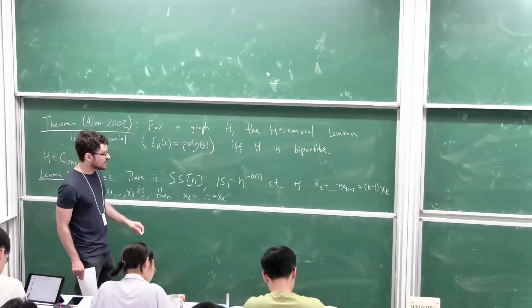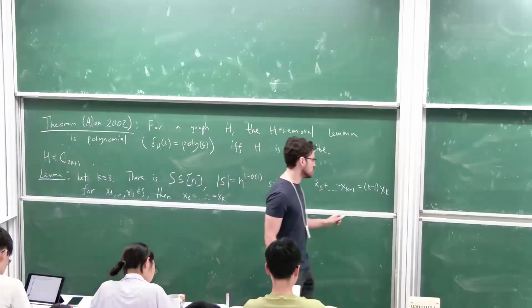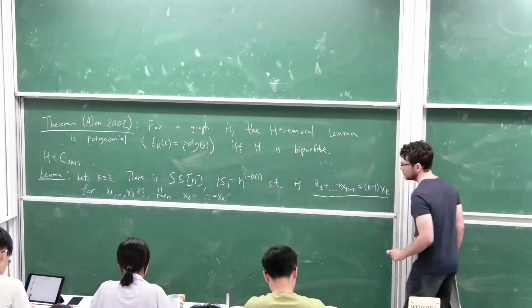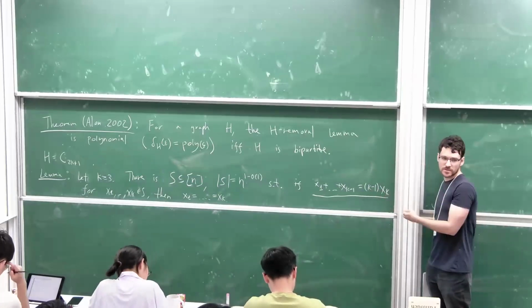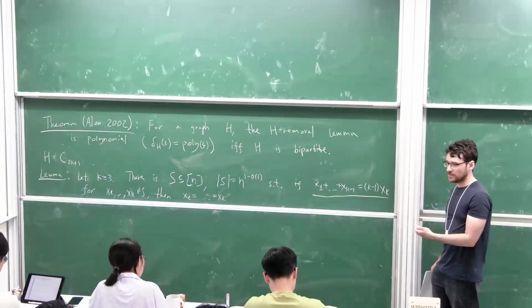Forward, this set does not have any non-trivial solution to this equation. Of course, if you take all the x's to be equal, then it's a solution, but this is what we call a trivial solution, and there are no others.